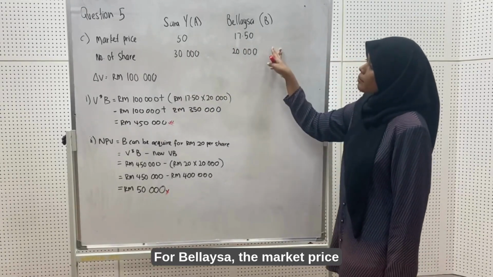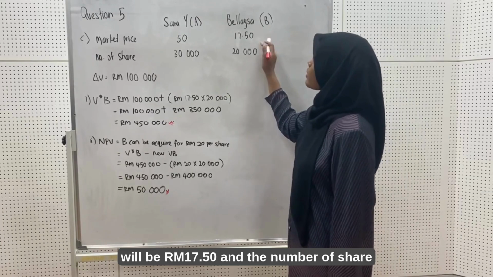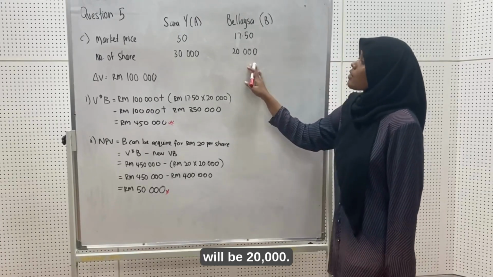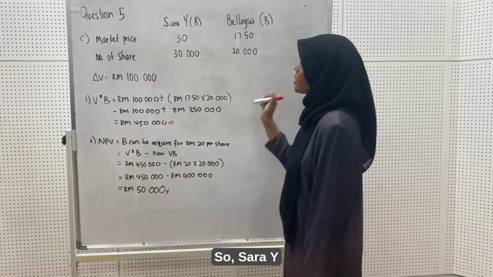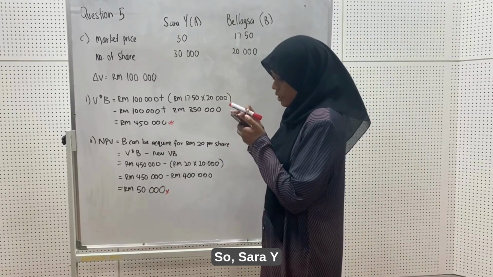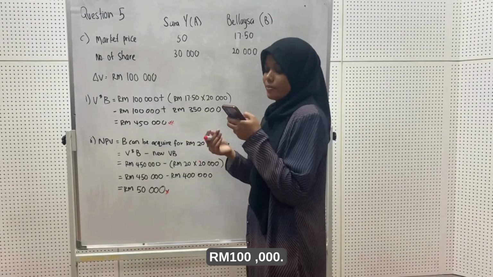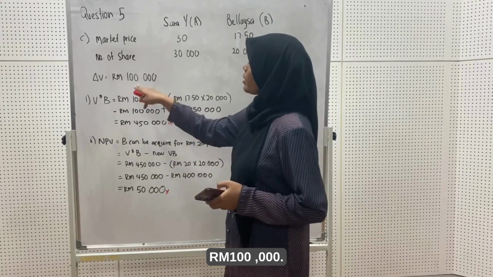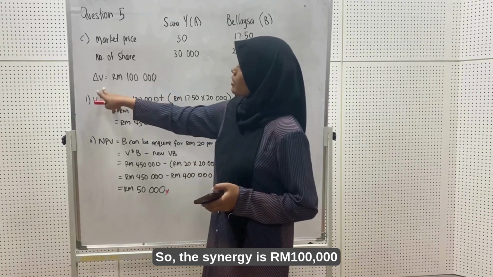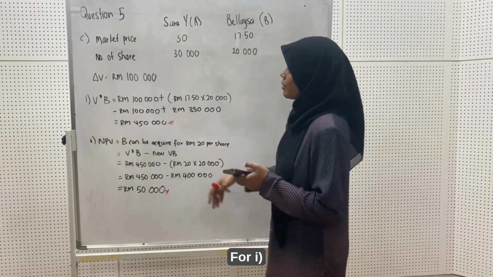For Belisa, the market price is 70.5, and the number of shares is 20,000. Sarawak estimates the economic gain from the merger to be 100,000. So the synergy is 100,000.